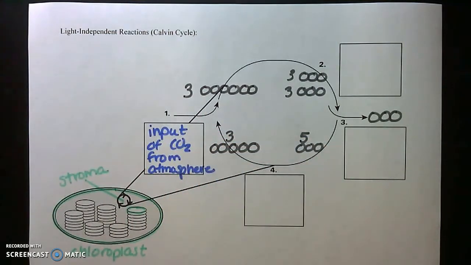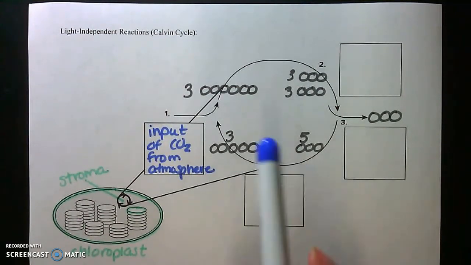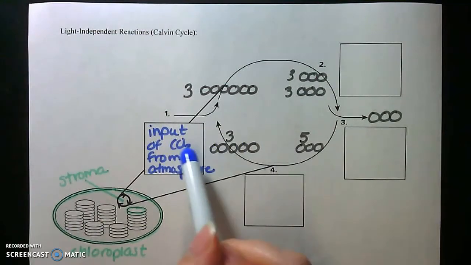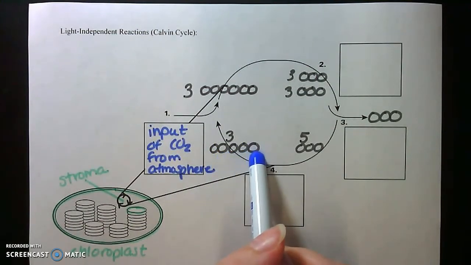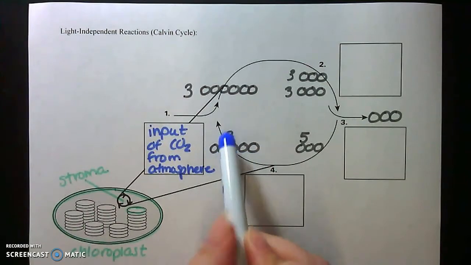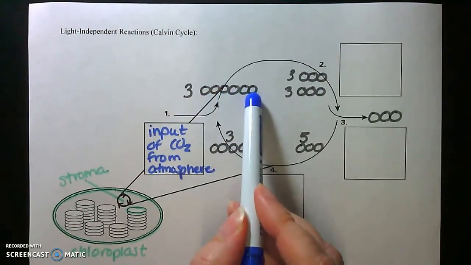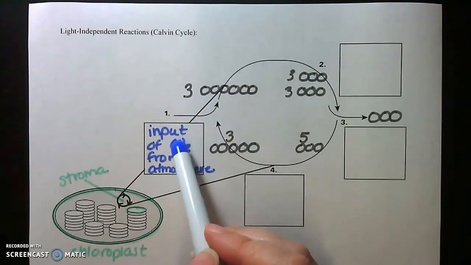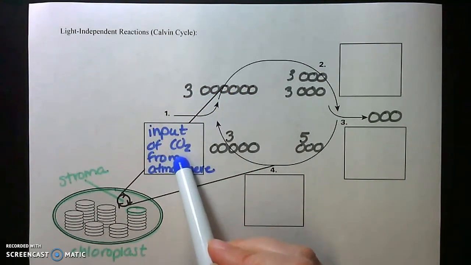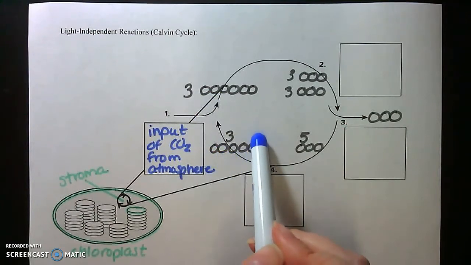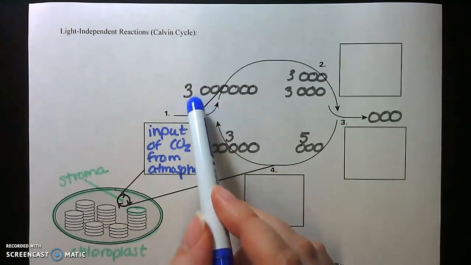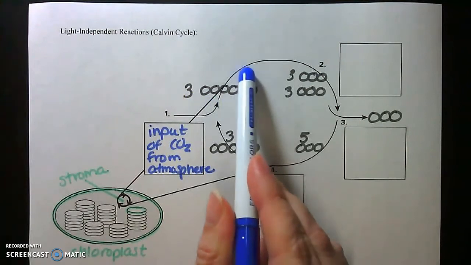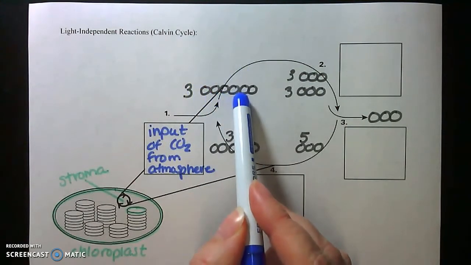Plants have openings in their leaves that allow CO2 to come into the leaf and into the chloroplast. This CO2 has a carbon atom in it. Remember, we started with a 5-carbon molecule, 3 of them, and now we have 6-carbon molecules. Well, that carbon from the CO2 is getting added. So 3 molecules of CO2 are combining with these 3 molecules of our starting material to make 3 molecules of this 6-carbon compound.